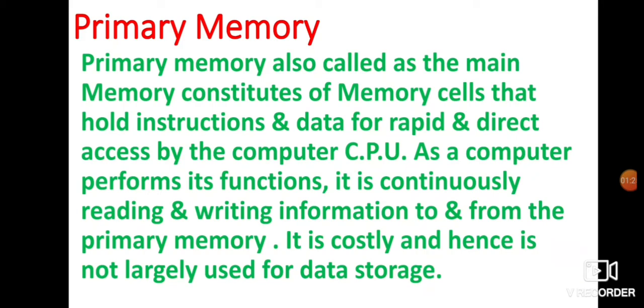Primary memory, also called main memory, consists of memory cells that hold data and instructions for rapid and direct access by the computer CPU. As already discussed with you, primary memory is the main memory. It stores data and instructions that are continuously and directly accessed by the computer CPU.